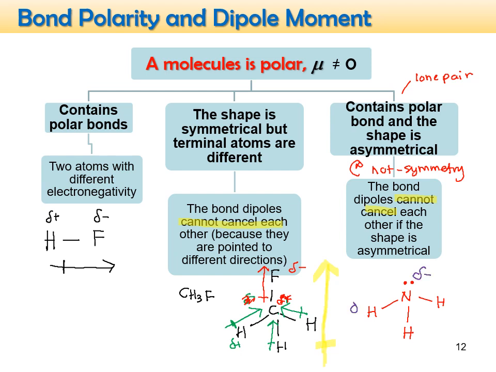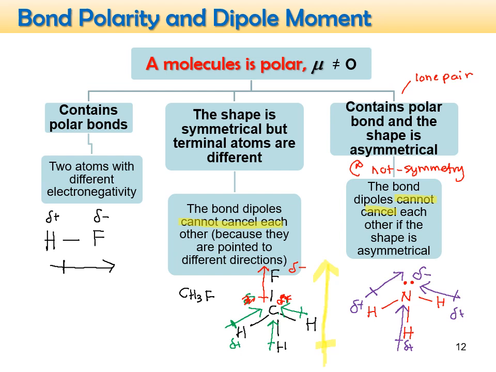Hydrogen, you know, is partially positive, partially positive, partially positive. So you can just straight away draw like this. All pointing towards nitrogen, which means the electron density is high at nitrogen.